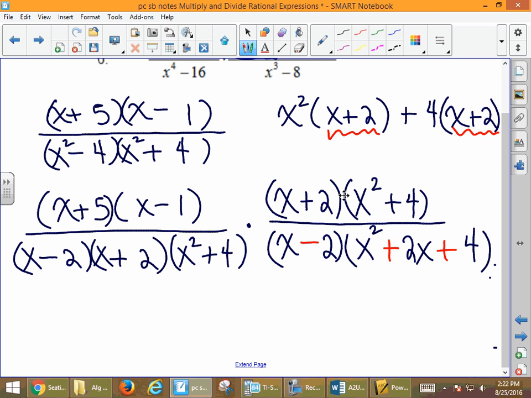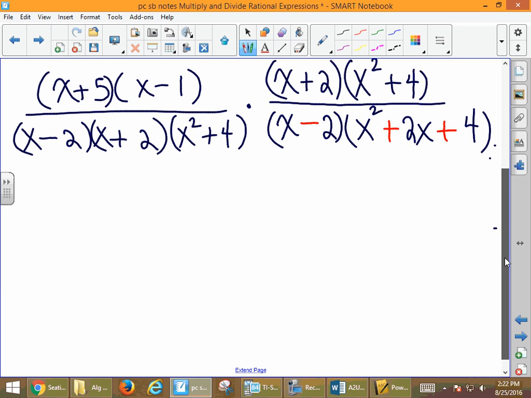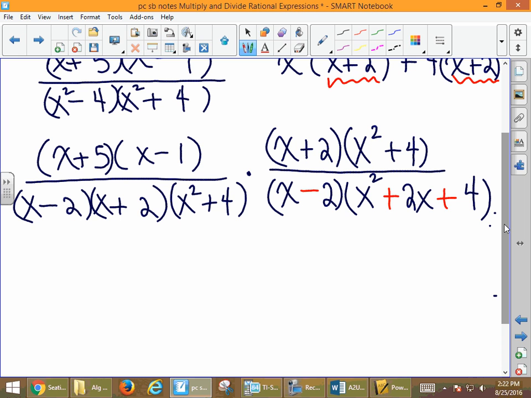And then what we're looking for is, do we have anything exactly the same in the top and in the bottom? Well, I see x squared plus 4. But it's not looking like there's much else that's going to cancel out.